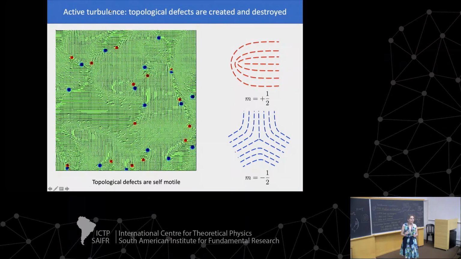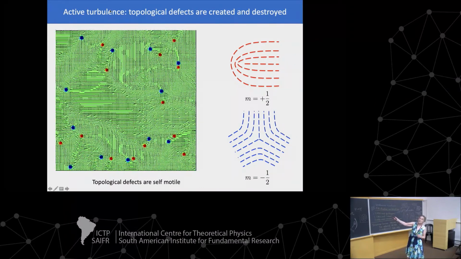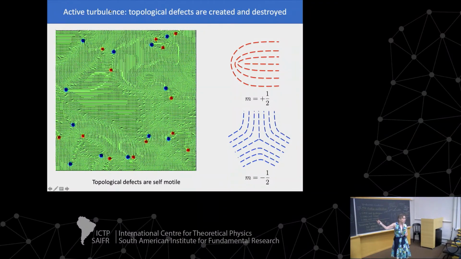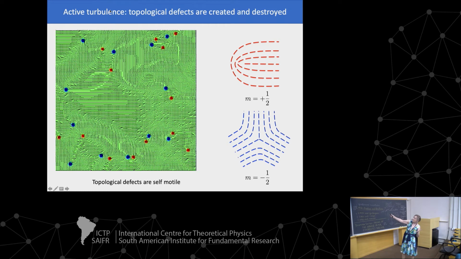And that's because these +1/2 ones move. They're self-motile. And we understand why they're self-motile, because we've said that if there are any places where the order is wrong, any sort of derivative in the order, any deviations in the nematic order, which there obviously are there, you get stresses.